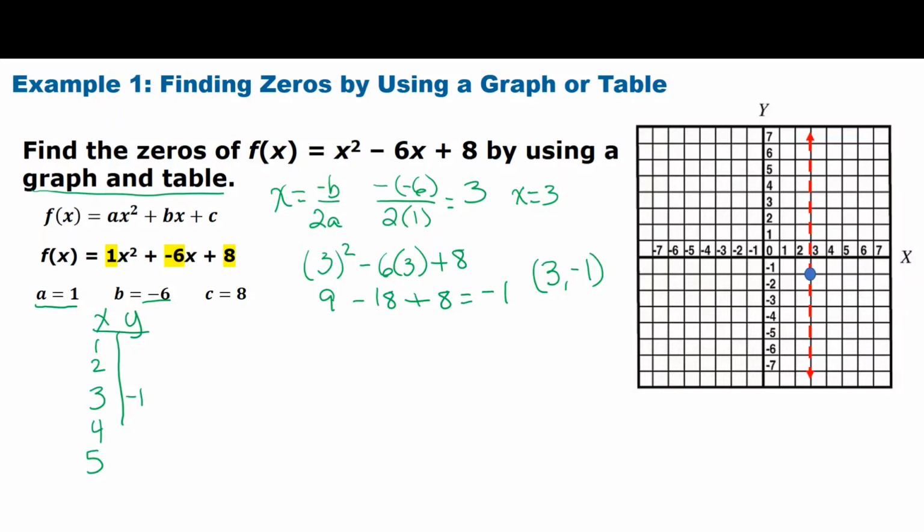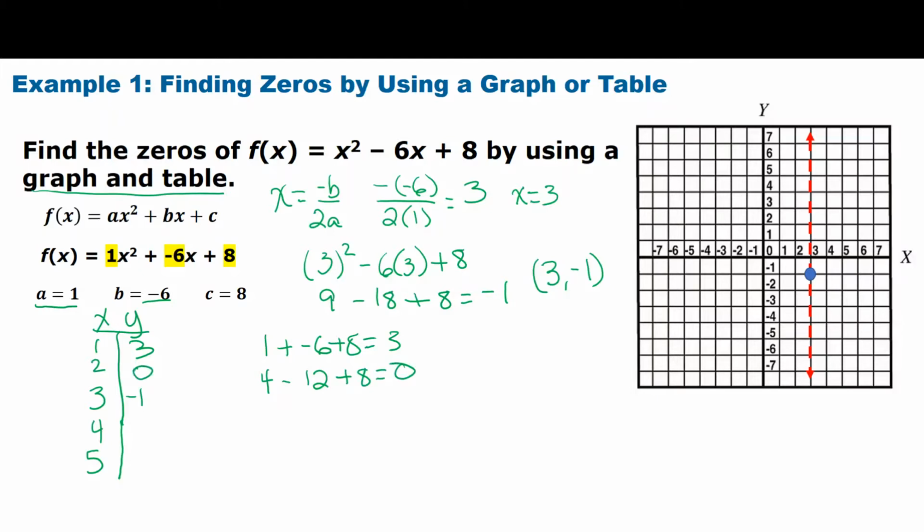Okay, so when x is 1, what is y? Well, 1 squared is 1 plus a negative 6 plus 8 equals 3. Okay, when x is 2, I have 2 squared, which is 4, minus 12, which is negative 8, plus 8 is 0.